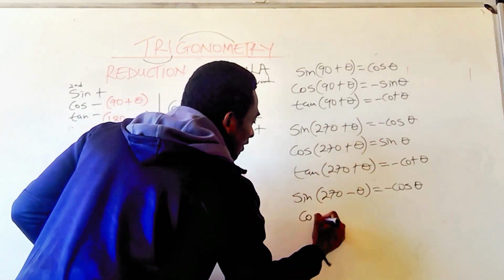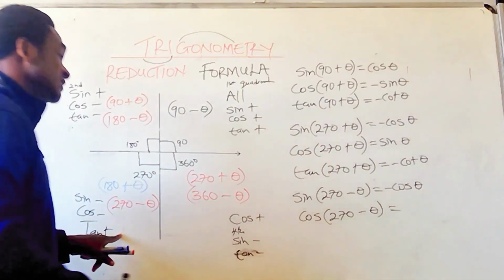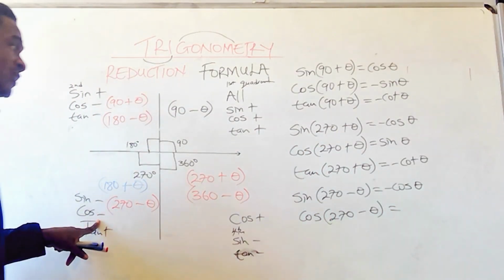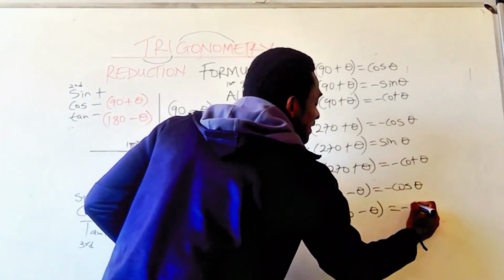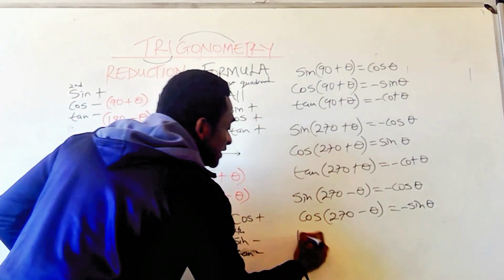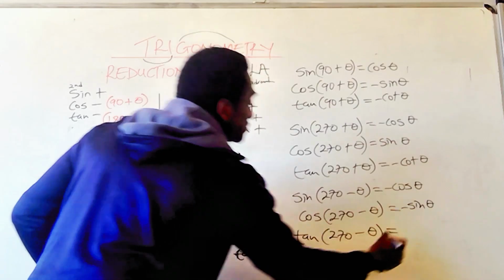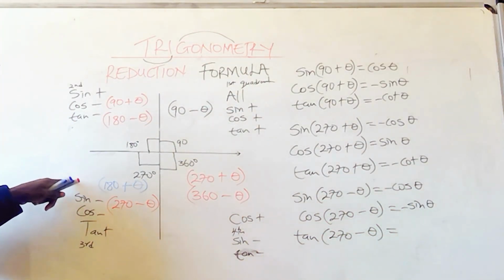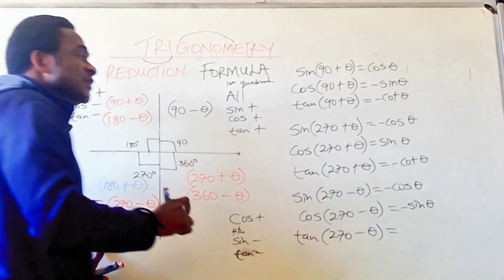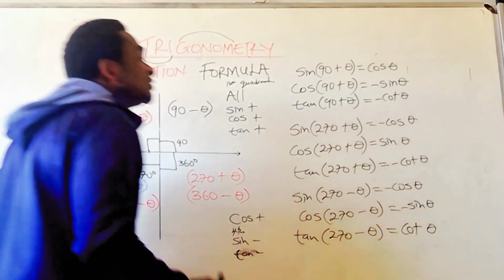If we are looking at cos of 270 minus theta, this is in the third quadrant, and cos is also negative, so the cofunction will be negative sine theta. And then the last one is tan of 270 minus theta. If we check very well, tan is positive in this quadrant, so the cofunction will also be positive, which is cot theta.